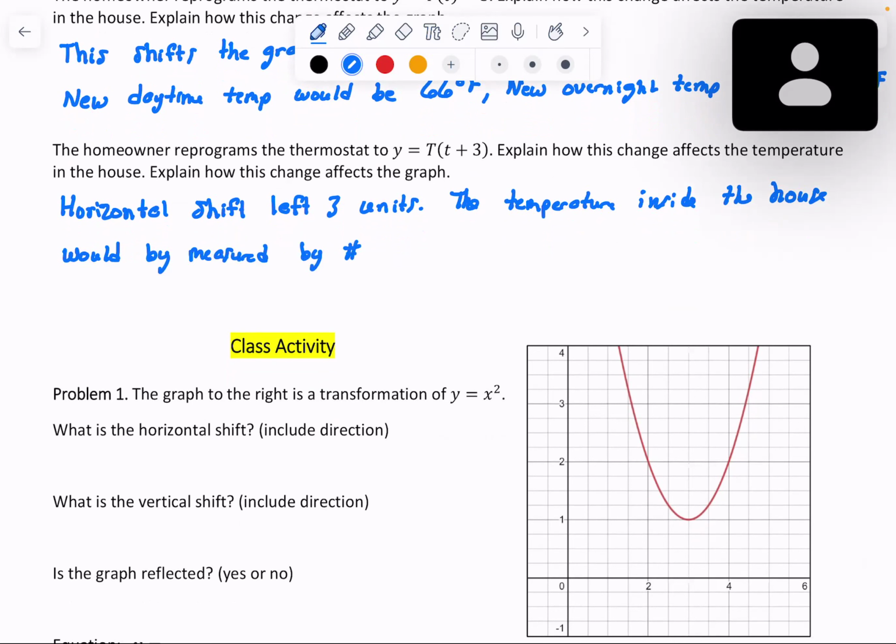Anyone have any idea? What's 3 hours before midnight? Yeah, 9 p.m., right. Since we shifted it left 3 hours, that means we're 3 hours before midnight, which is 9 p.m.